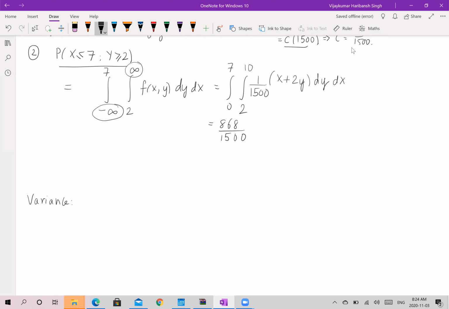So the variance of x is given by the second moment. It's going to be the integral of x minus mu1 squared times f of xy dA over R2. Similarly, you can have the variance of y in the same way. Thank you for your attention.